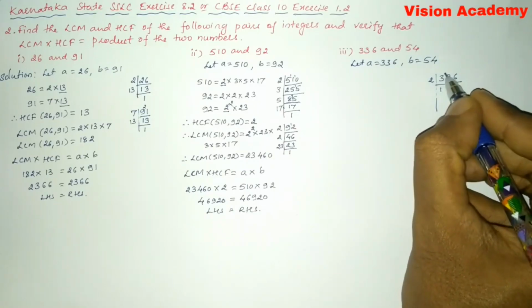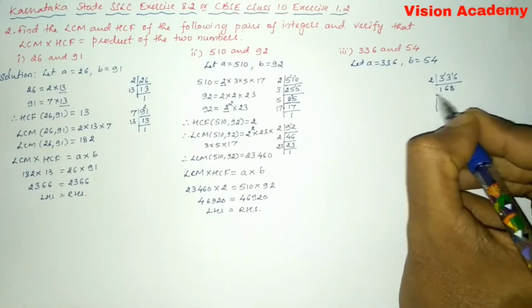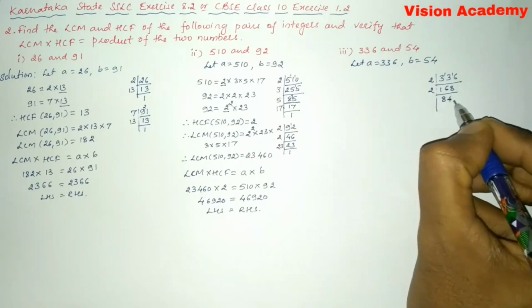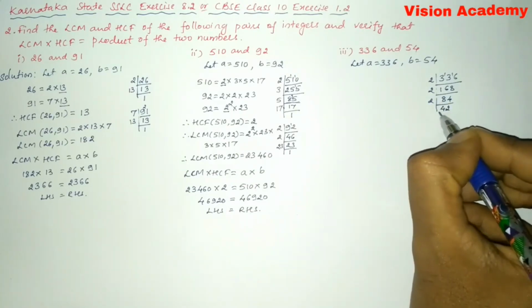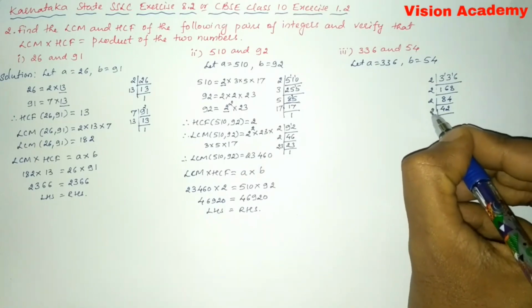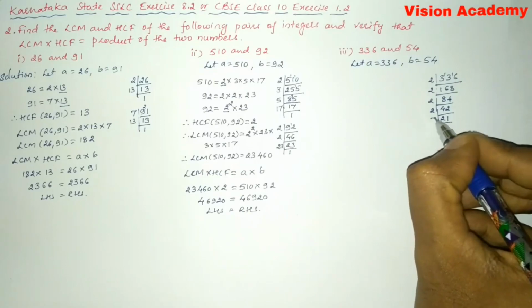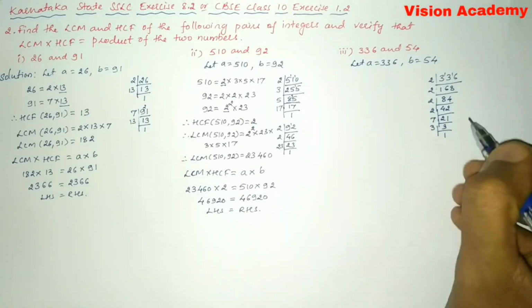So here 2 ones are 1 remains, 2 6s are 12, 1 remains, 2 8s are 16. So again divide this number by 2, 2 8s are 16, 2 4s are 8. Again divide it by 2, 2 4s are 8, 2 2s are 4. Next 2 2s are 4, 2 1s are 2. Now it will get divided by 7, 7 3s are 21, and take 3, 3 1s are 3.